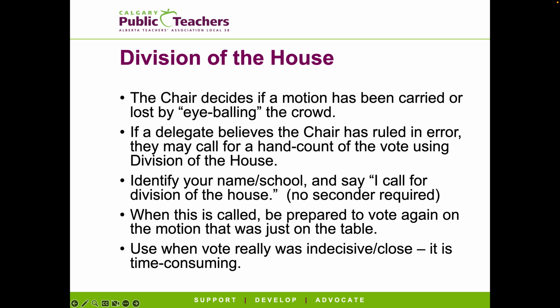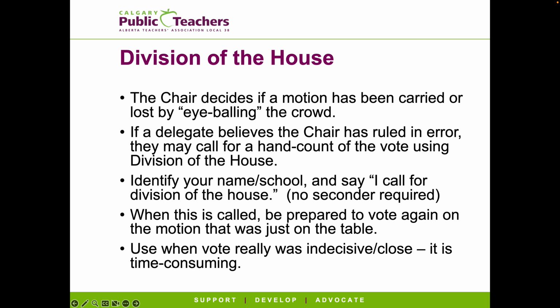A division of the house is used whenever a school representative believes that the chair has made an error in how they've ruled on a particular motion. So if the chair observes the House and says that motion has carried or that motion has failed and you think it was supposed to be the other way, you could call for a division of the House and actually get the folks at the front to do a hand count or a manual count of people who voted in favor versus people who voted against.